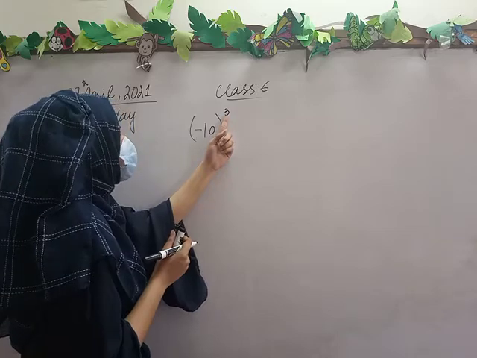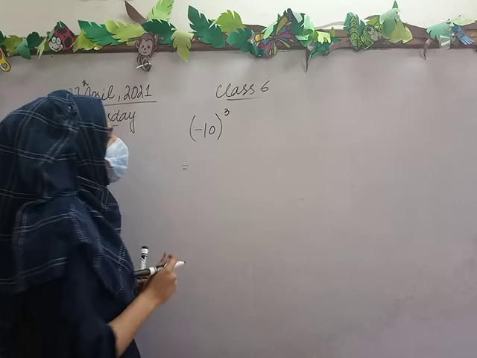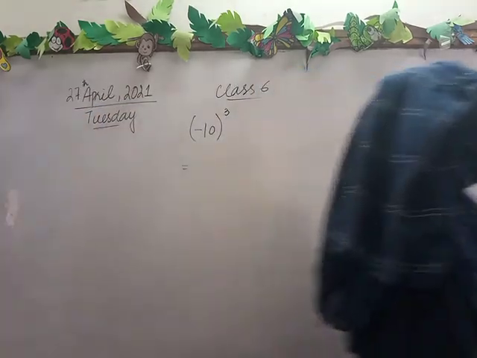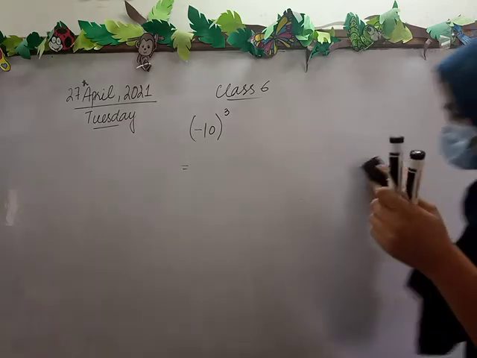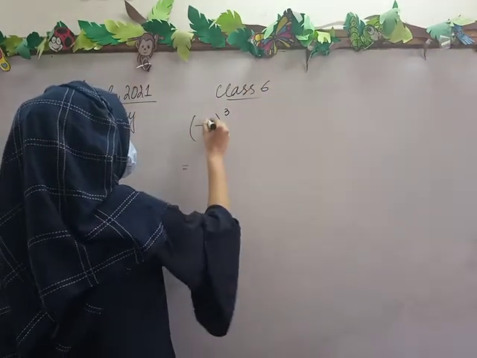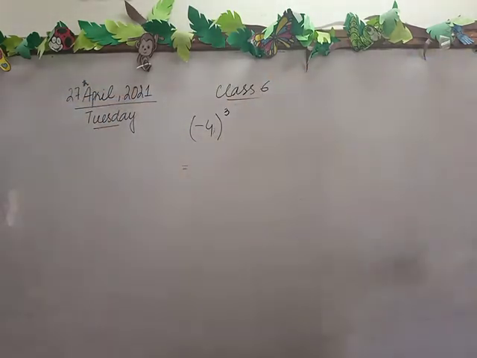Fine, so how can we solve these kinds of questions? So who will tell me? Yes, Mariam, you tell me if I have -4. Yes, how can we solve this?